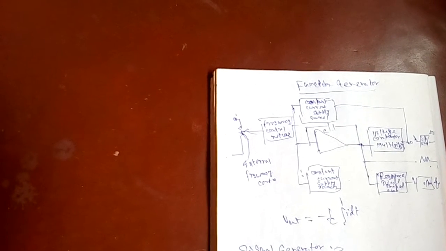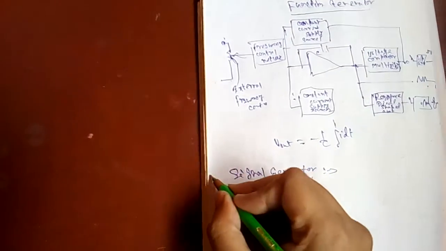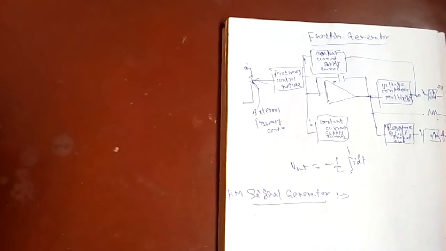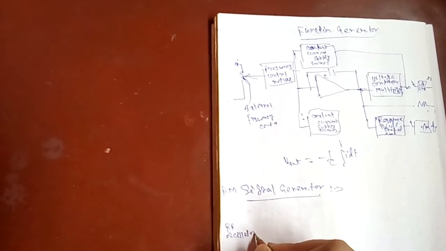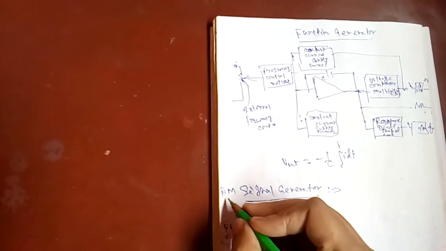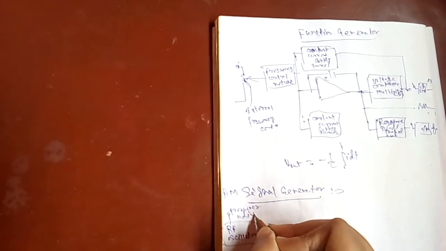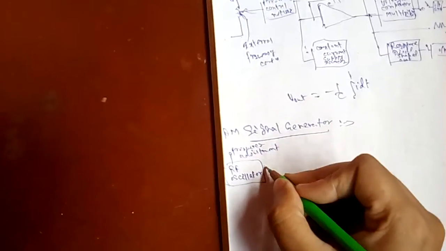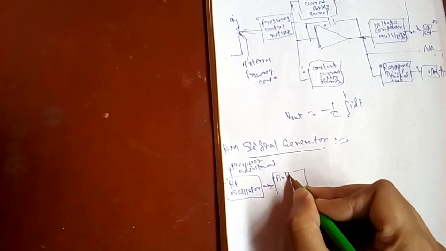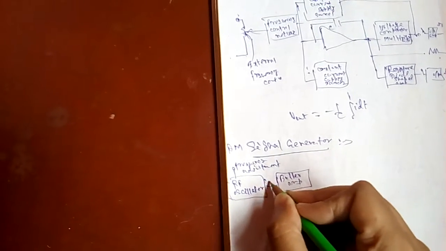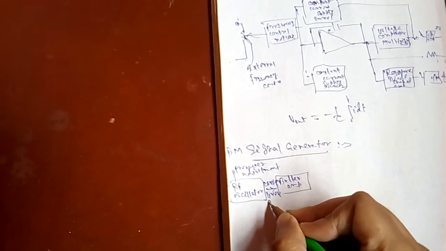Now let us see the block diagram of an AM signal generator, meaning amplitude modulation signal generator. First is the RF oscillator, meaning radio frequency oscillator, with a frequency adjustment. Then it goes to the buffer amplifier, giving the carrier frequency signal.